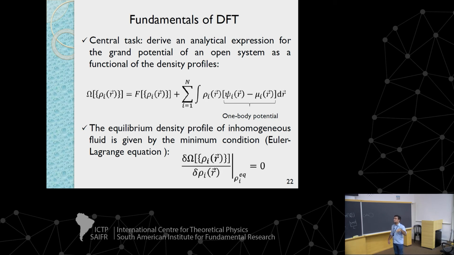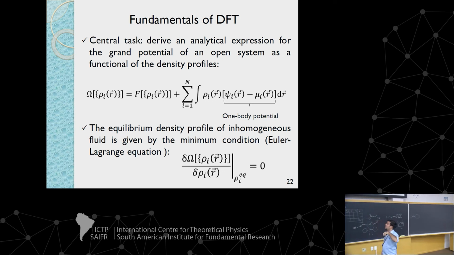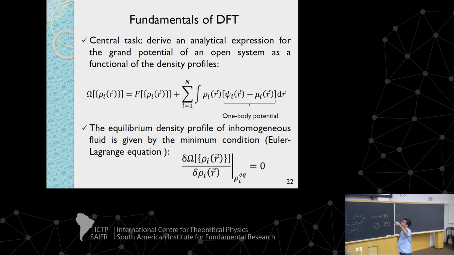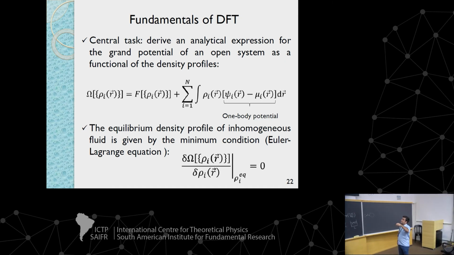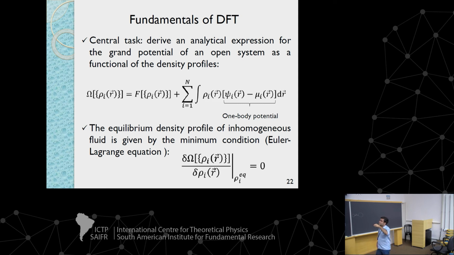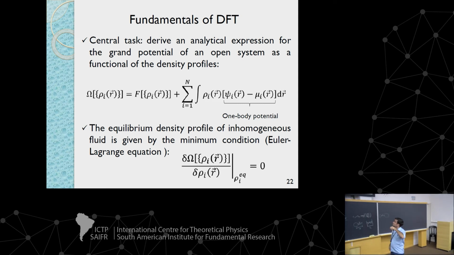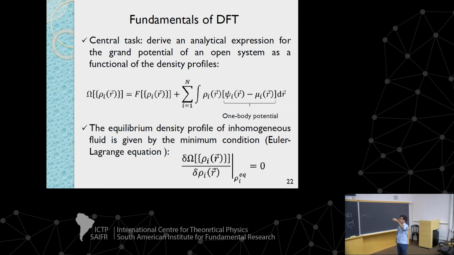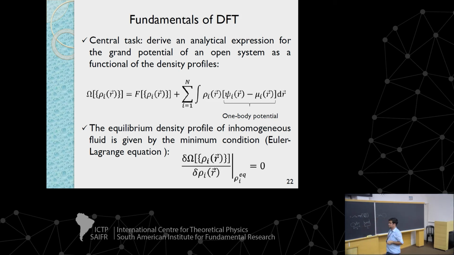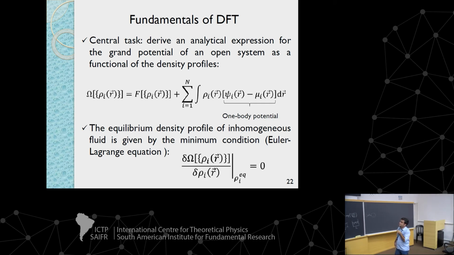And in order to solve DFT, we are going to try to find a minimum in this functional of the grand potential. So what we need to do is a functional derivative of this function. And we have that at the minimum, this is equal to 0. And by solving that, we find the equilibrium density profile. This is the so-called Euler-Lagrange equation.